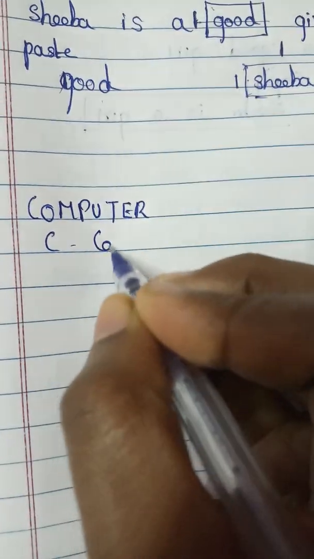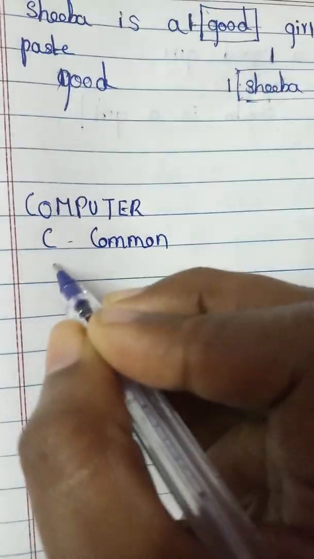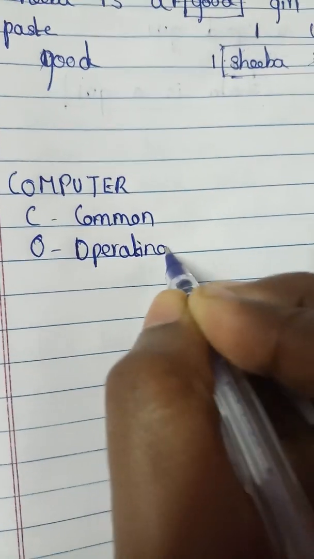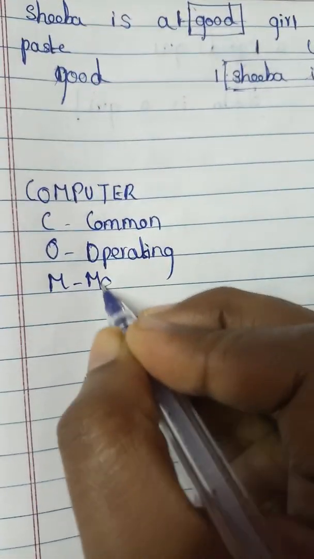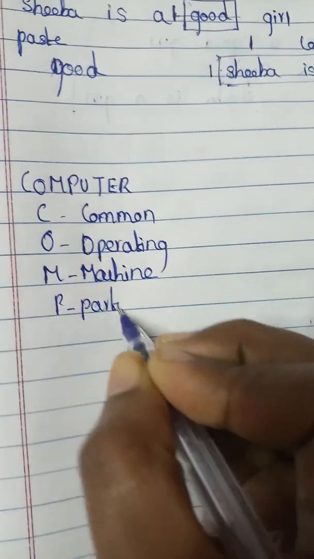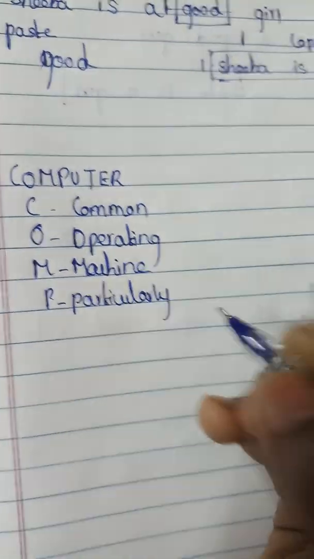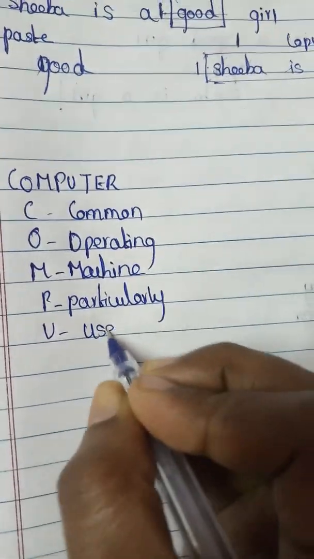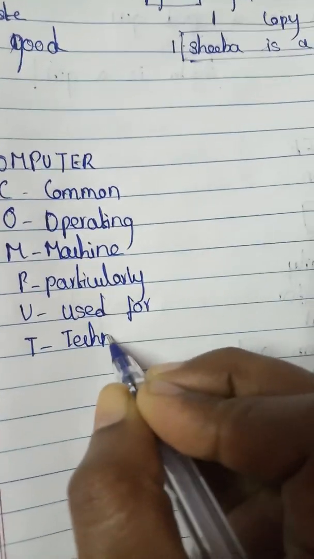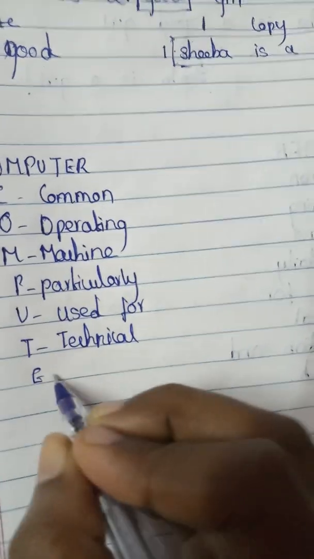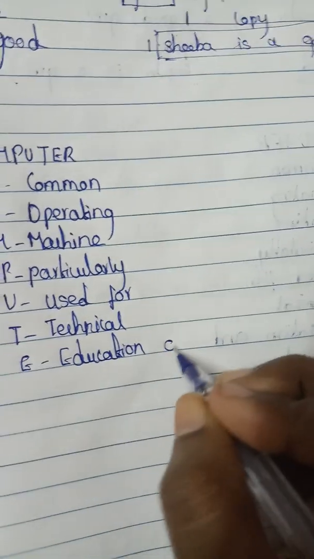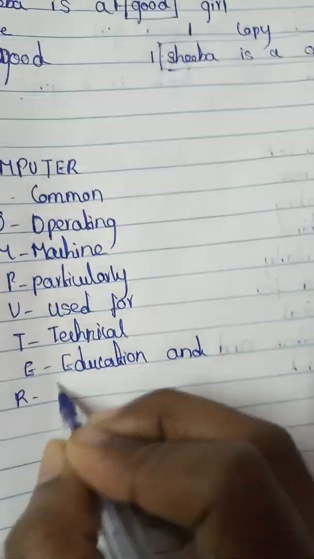C for common, O for operating, M for machine, P for particularly, U for used for, T for technical, E for education, and R for research.